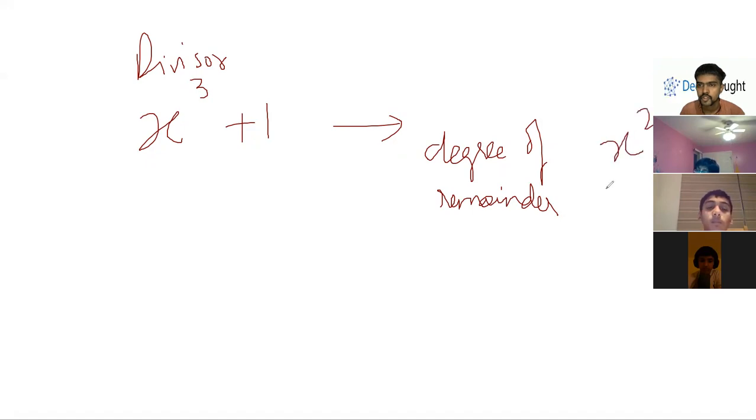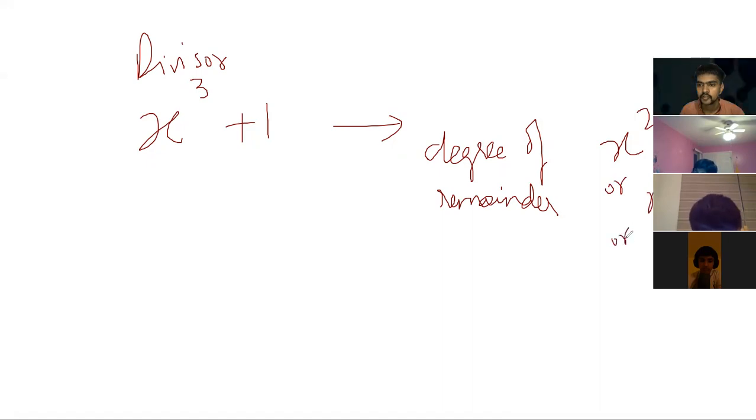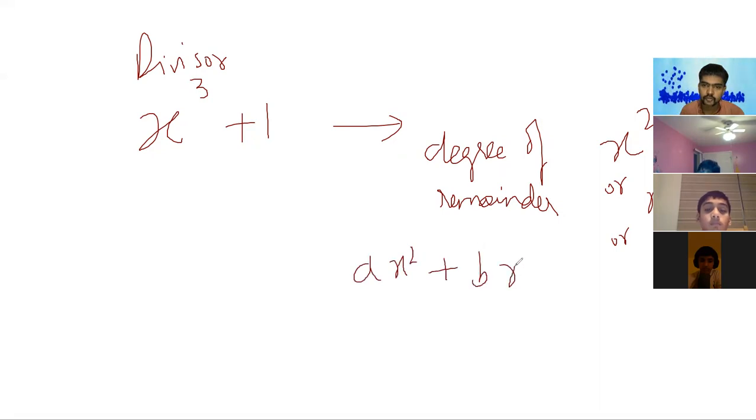Yeah. So x squared or x or 1, right? So the remainder looks like ax squared plus bx plus c. You have to find a, b, c. It'll have some x squared, some x and some constant. How many x squareds should you find?